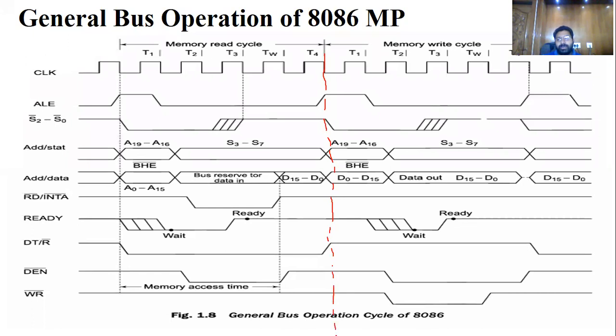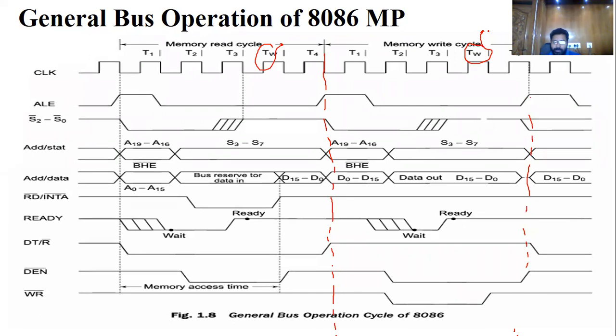At the same time, for the write cycle also the microprocessor requires four cycles. TW is a wait period, used to match the speed of the slower memory device and the CPU. This TW can also be called a wait period or inactive period.